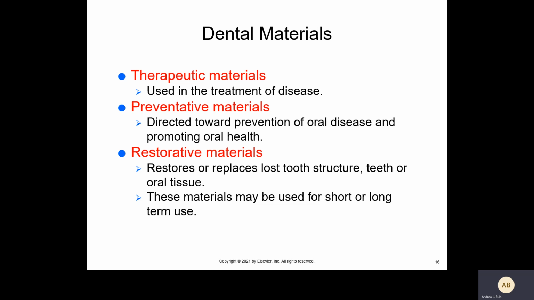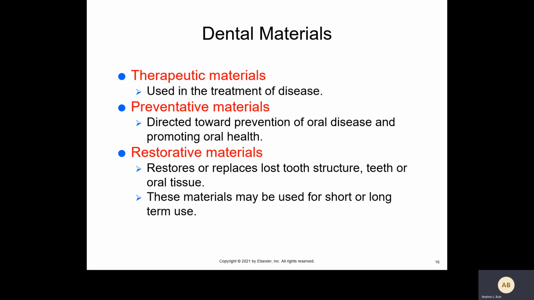Now, I told you dental materials are classified into 3 categories. We have therapeutic materials, and that is exactly what it sounds like. This is used in the treatment of disease. So therapeutic materials would be if we use something for the bacteria, when we place a chemotherapeutic agent in a deep pocket to try to help with the bacteria, that would be therapeutic.